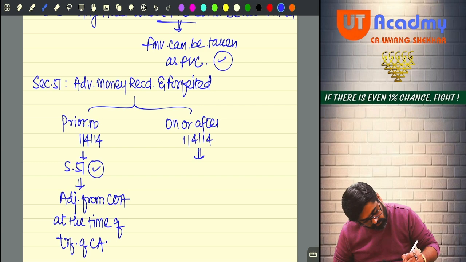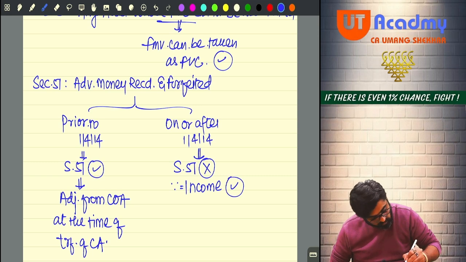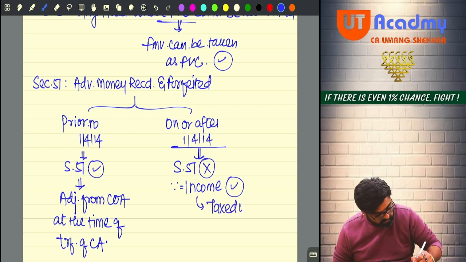And this one is not covered by section 51 since it is your income with effect from 1st April 14. This is treated as your income and taxed under the head income from other sources.